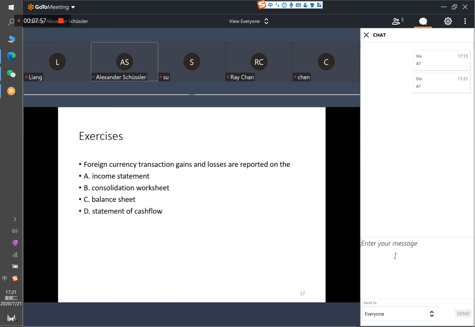Foreign currency transaction gains and losses are reported on the income statement, consolidation worksheet, balance sheet, or statement of cash flows. If you are not sure, go back and look at your slides.